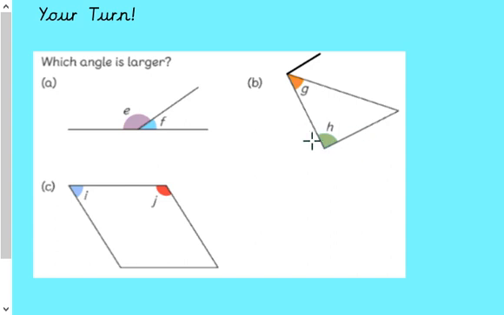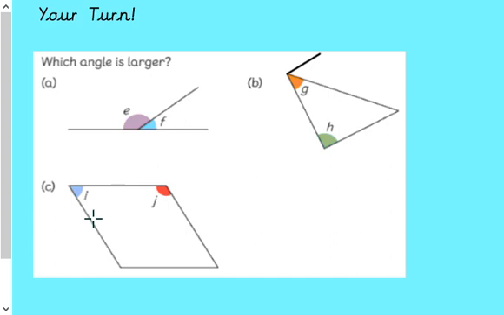This angle here looks perhaps slightly obtuse, or it could even be a right angle. You might need to check that. It's difficult for me to check it on the screen. But clearly I can see that angle G is smaller. This acute angle here is much smaller than this angle here. So angle G is the smaller angle, and angle H would be the larger one.